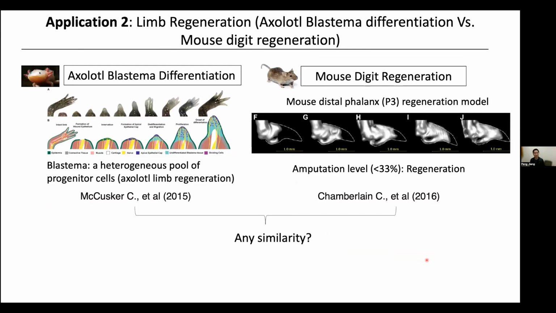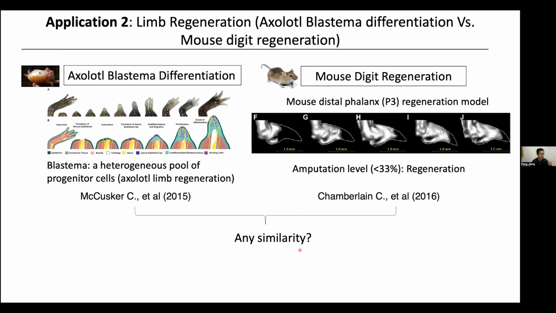The second application is applying Tempo Meter to limb regeneration data to understand the similarity between axolotl blastema cell differentiation and mouse digit regeneration. We know axolotl can fully regenerate a limb, while the mouse digit can only partially regenerate.